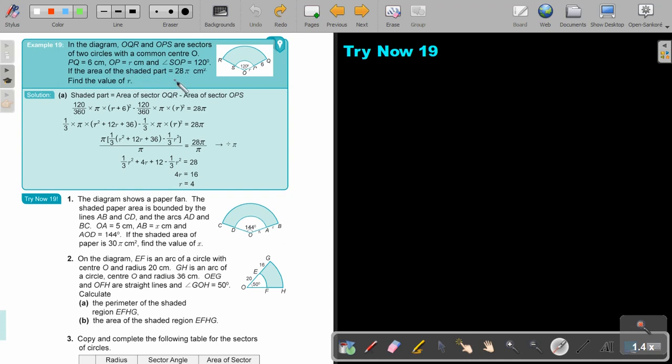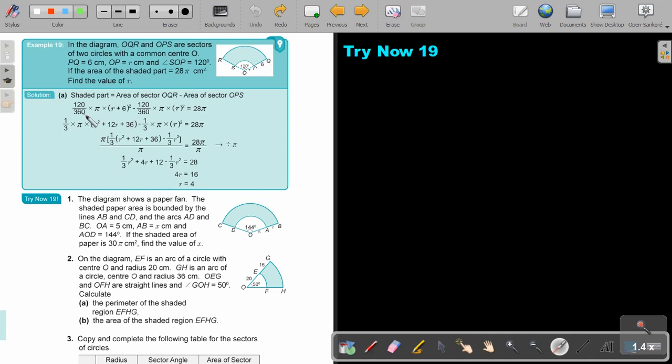I'm telling you the area of the shaded part, find the value of R. Now, the shaded part is the area of the big sector minus the area of this sector. Then I will come to the shaded part.